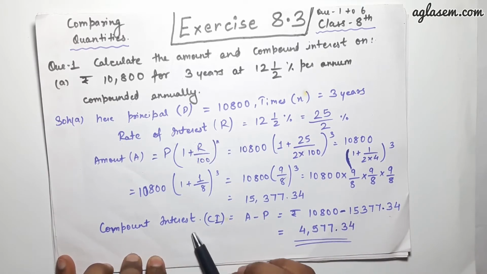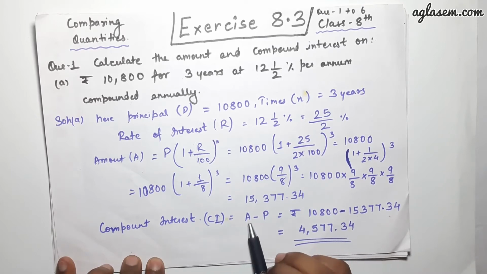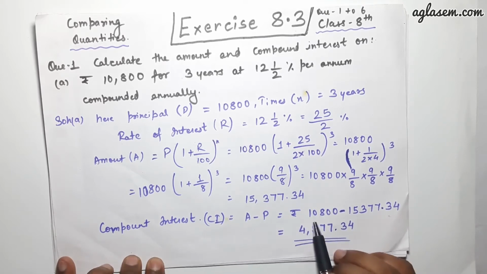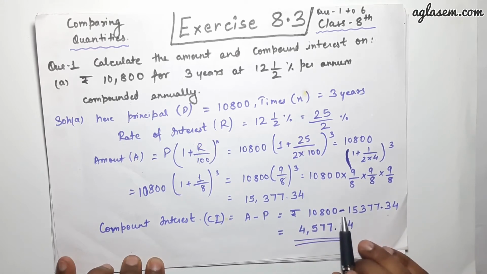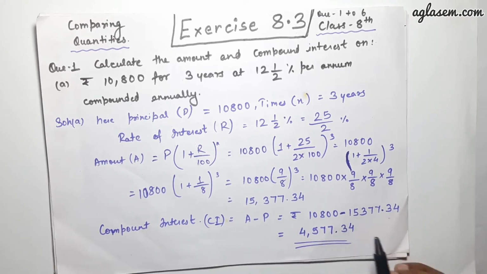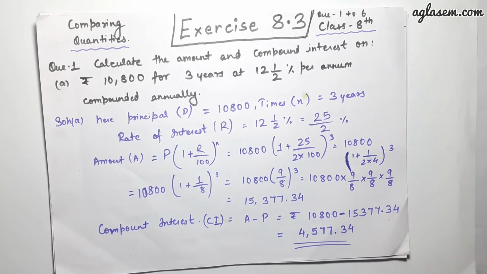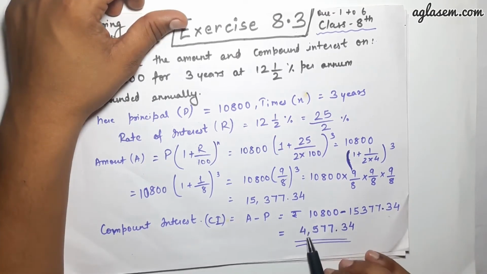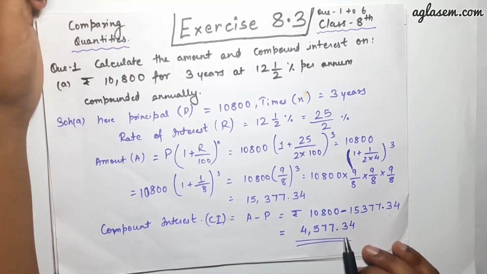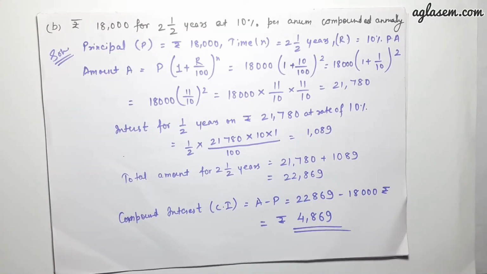Compound interest, that is CI, is equal to A minus P, that is amount minus principal. So the amount is 15,377.34 minus 10,800. After solving this we get the answer, that is 4,577.34.